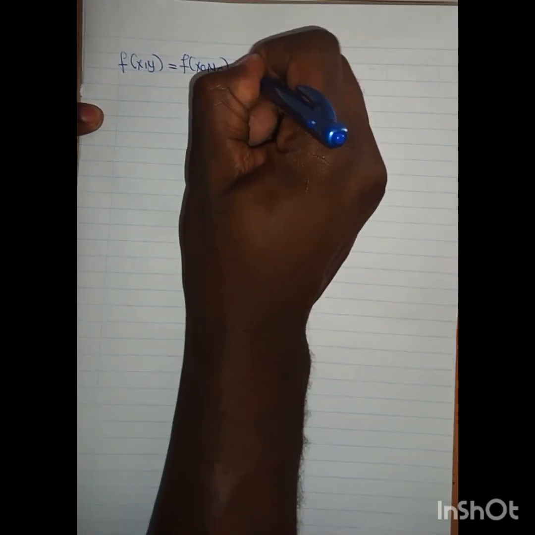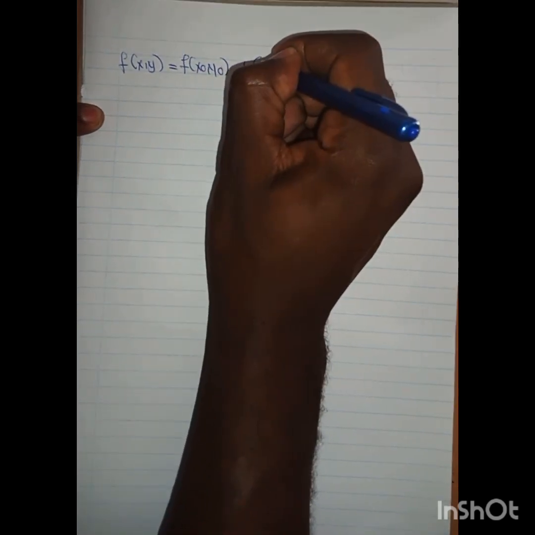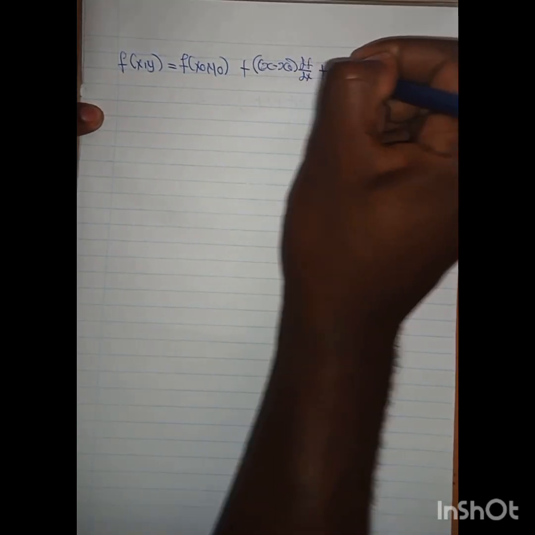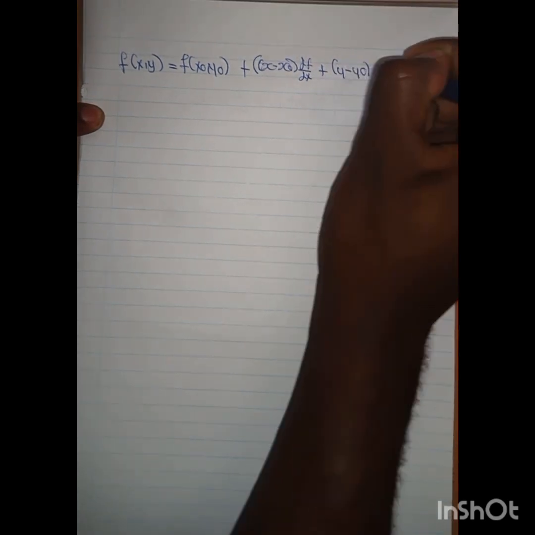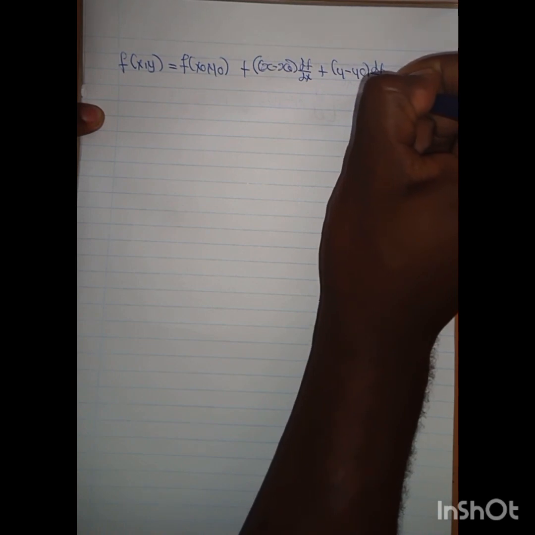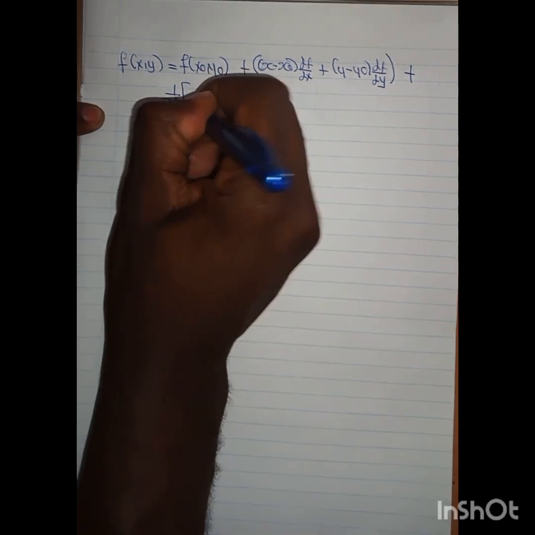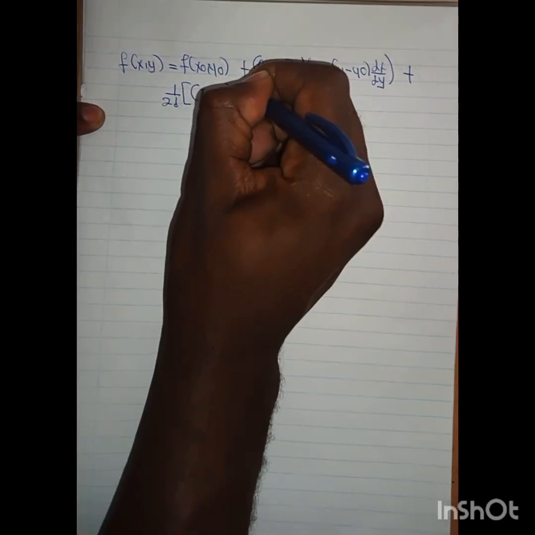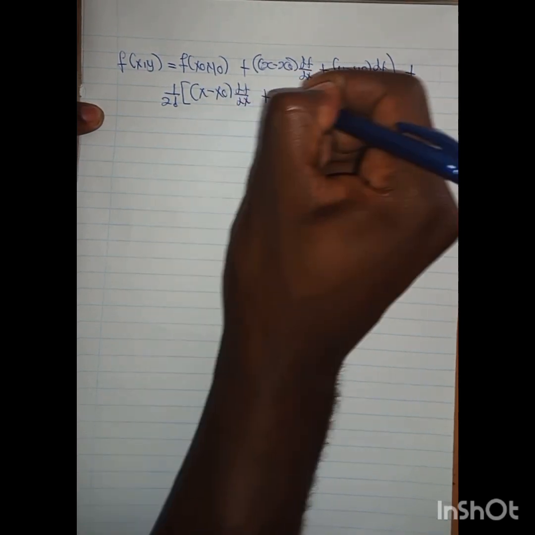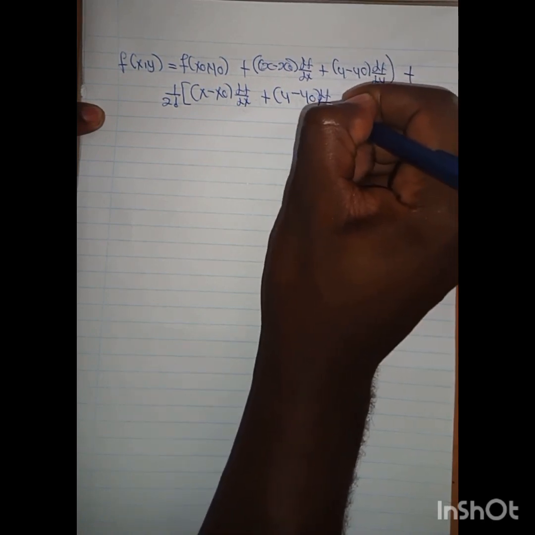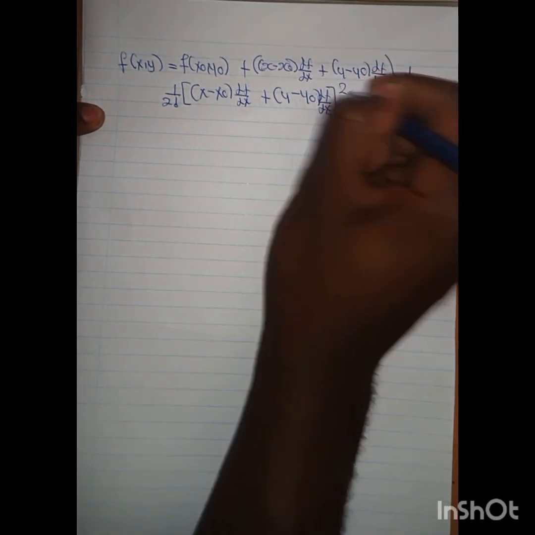f of x, y is equal to f of x naught, y naught plus x minus x naught df dx plus y minus y naught df dy plus 1 over 2 factorial x minus x naught df dx plus y minus y naught df dx all squared.